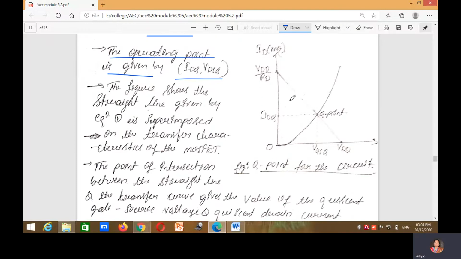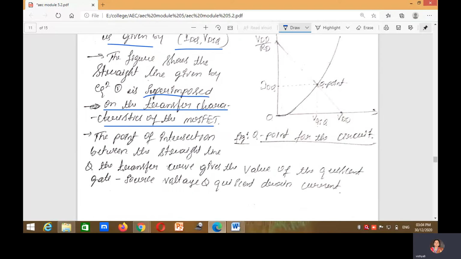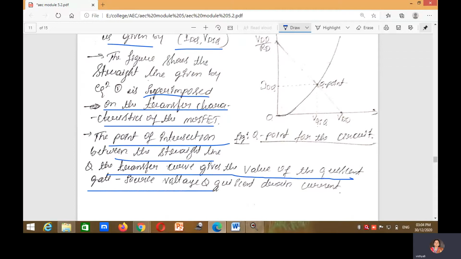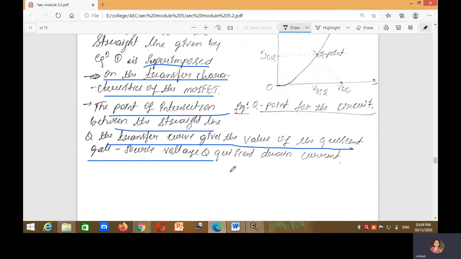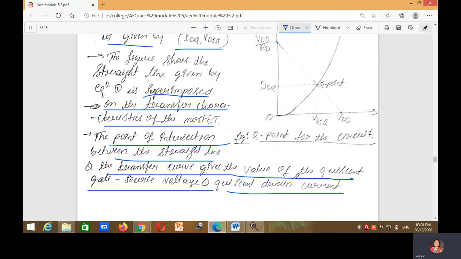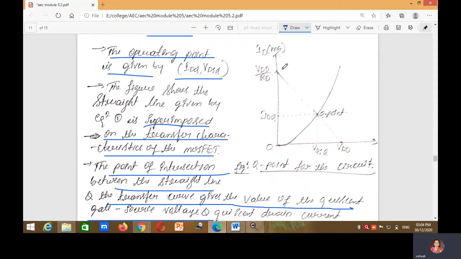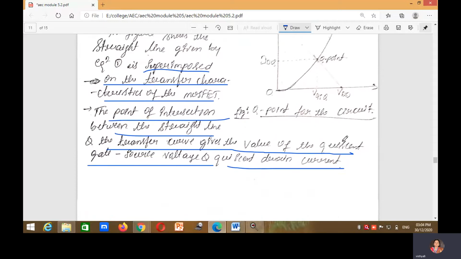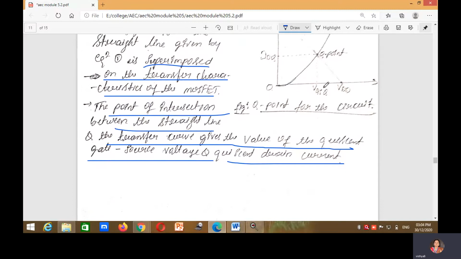The straight line given by equation 1 is superimposed on the transfer characteristics of the MOSFET. The point of intersection between the straight line and the transfer curve gives the value of the quiescent gate-source voltage VGS and the quiescent drain current ID also.